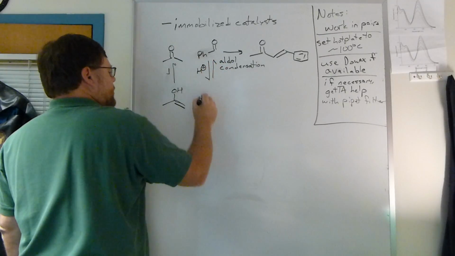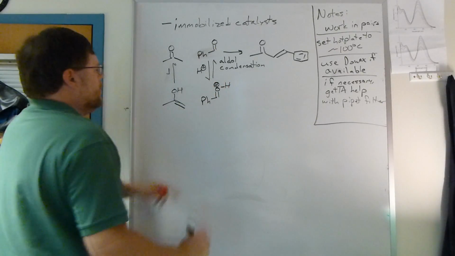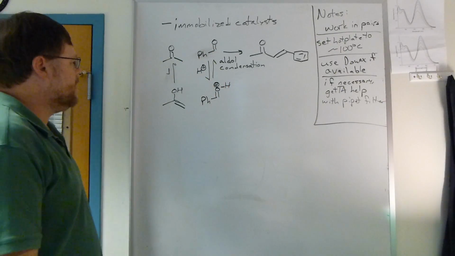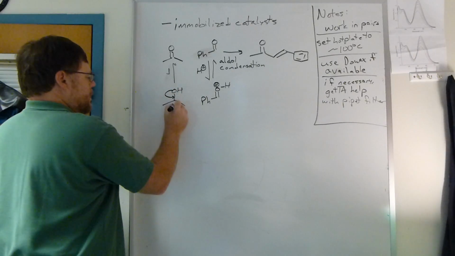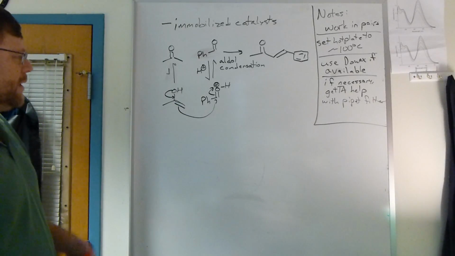So if we catalyze this reaction with acid, you protonate the carbonyl first on benzaldehyde, and then the enol of acetone would attack that.